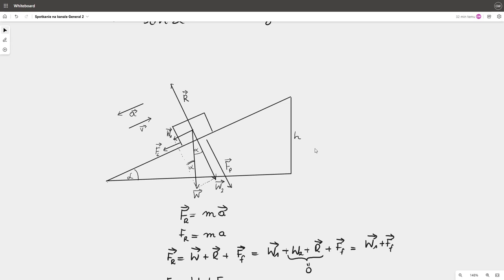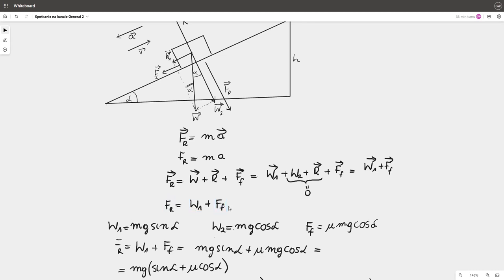Component W1 and friction force Ff are directed the same. So in equation for magnitude of resultant force, there will be plus instead of minus. You can see it here. W1 and friction force have the same direction, and here is plus.